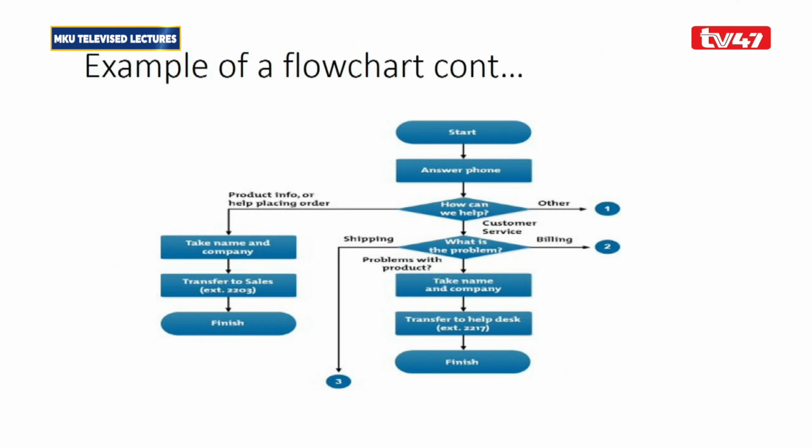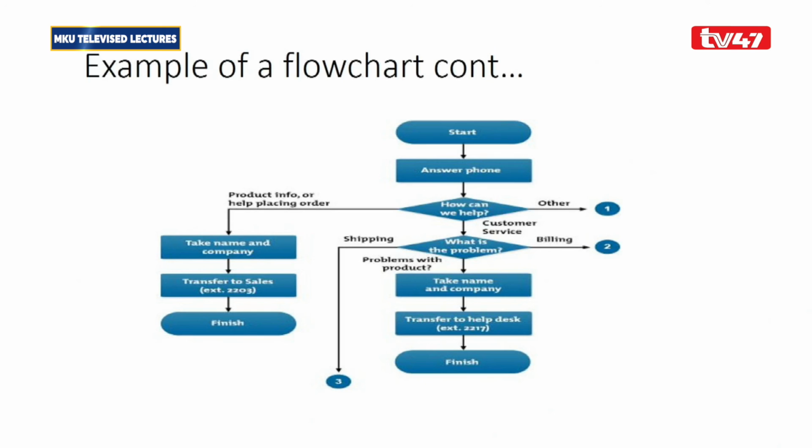We have the other linked to connector 1. Connector 1 will be representing the other sequence of activities. We have shipping connected to connector number 3. Shipping will have the process or activity that goes into shipping denoted by connector number 3.